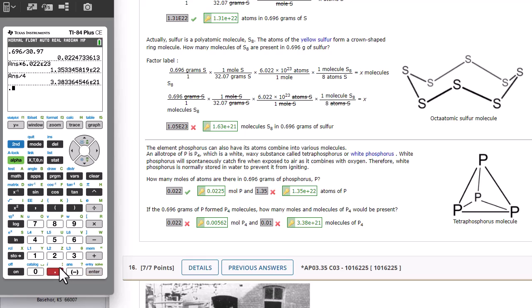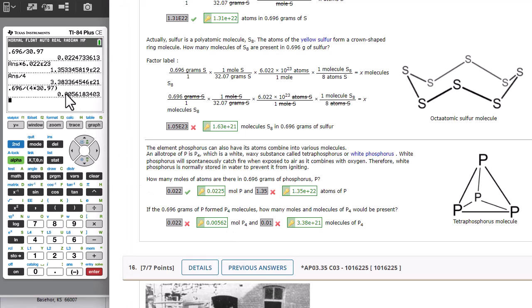We could have taken our 0.696, which are our grams, and divided by our atomic weight, which would be 4 times our atomic mass, which was 30.97. And that would give us our moles, our 0.00562 of our phosphorus.